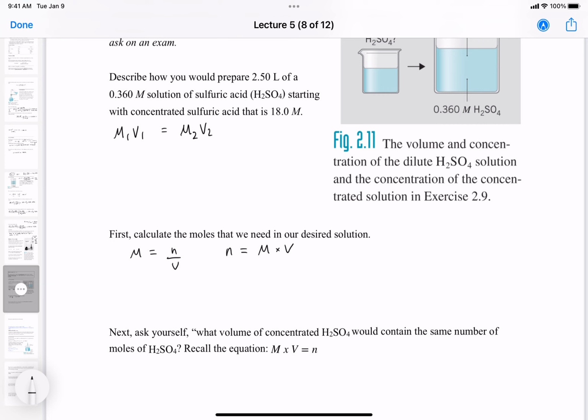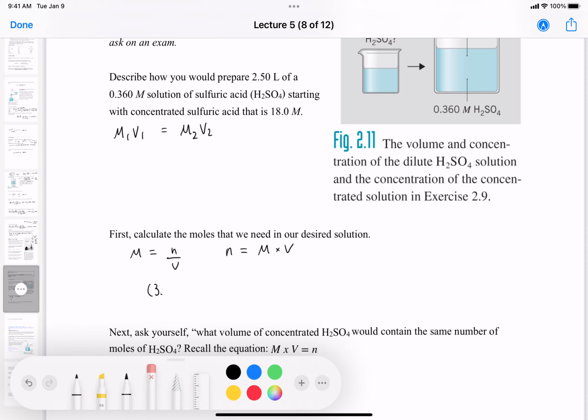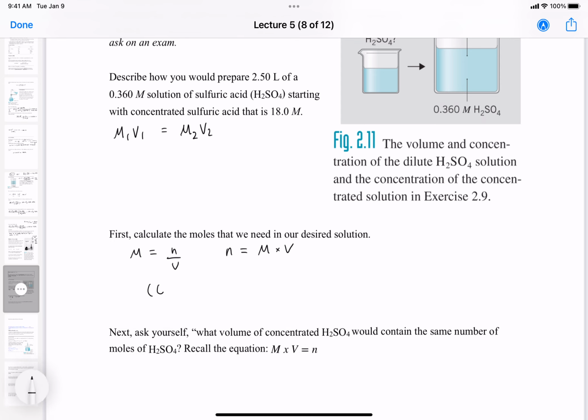So we know we have 0.360 mole per liter. I write it as mole per liter so the units cancel out.